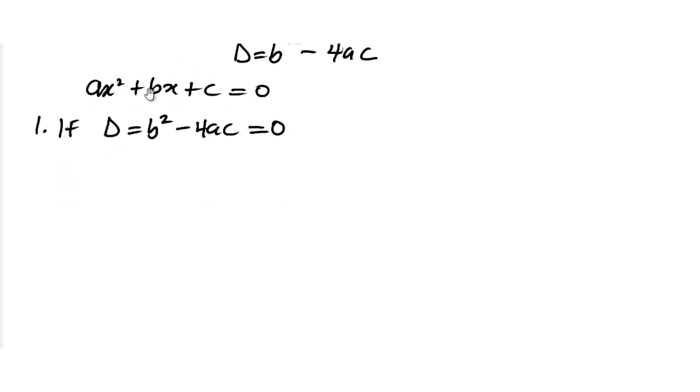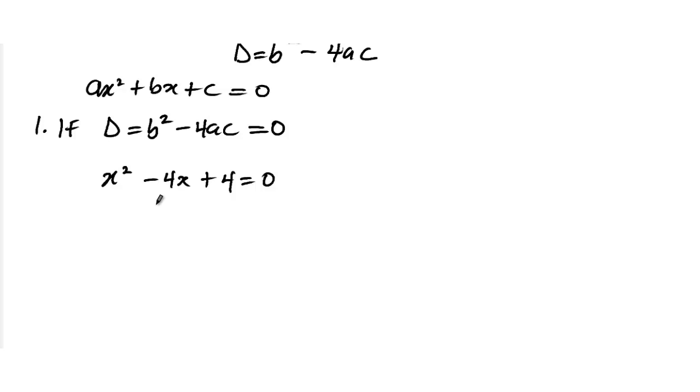So let's look at an example. For example, if we are given a quadratic equation of the form x squared minus 4x plus 4 is equal to 0. All I want to do now is show you that this particular quadratic equation will have equal roots.